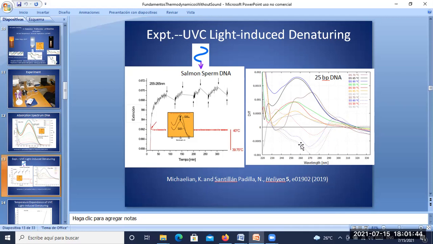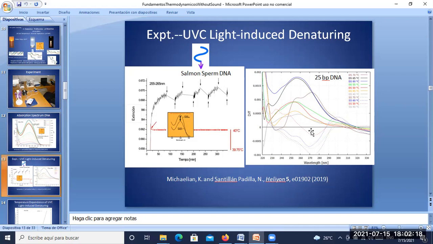In fact, we see a decrease in the extinction after the light-on period. So it's not denaturing, because remember, denaturing gives an increase in the extinction, an increase in the absorption. But for single-strand DNA, we find a decrease. And we assume that that is because we're producing thymine dimers, which are those thymines which are together in the sequence, and they reduce the absorption.